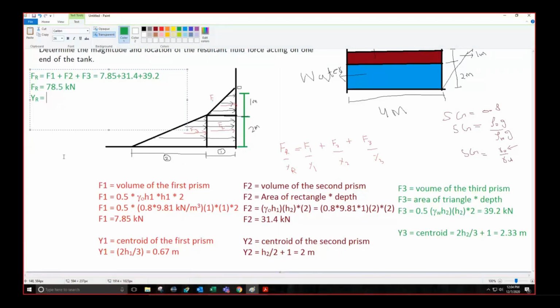Sir, we have done this in the last class. F1 into Y1 plus F2 into Y2 plus F3 into Y3. तो ये क्या करेंगे हम? Basically क्या कर रहे हैं? Sir, resultant moment is equal to sum of moments of the individual forces.